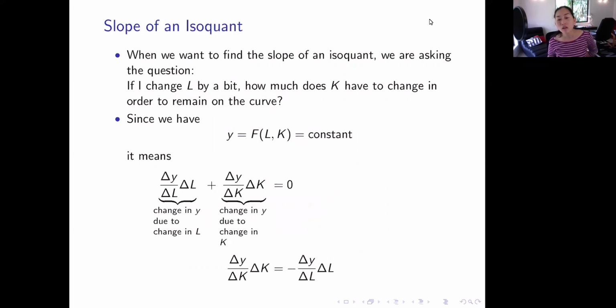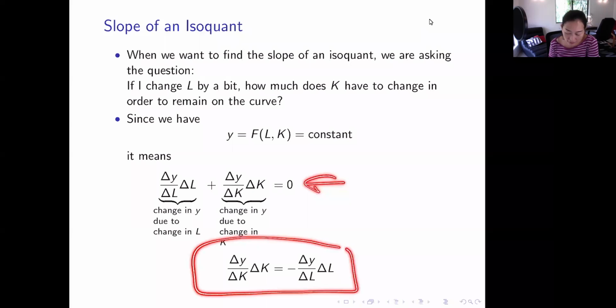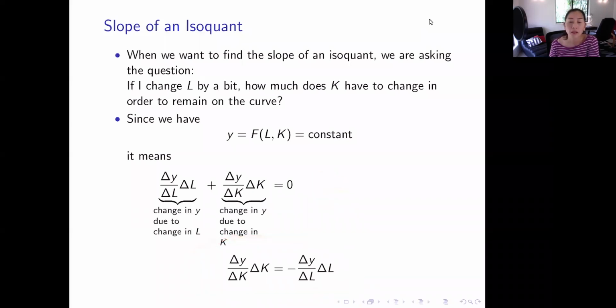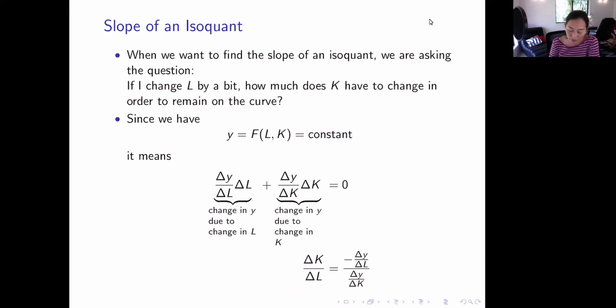Okay, so based on this equation, you get this, right? And then we move things around and we have the change in K is equal to negative MPL over MPK multiplied by change of L. Now this is the slope of the isoquant, right? Rise over run, the change on the vertical axis over the change on the horizontal axis is the slope, right?